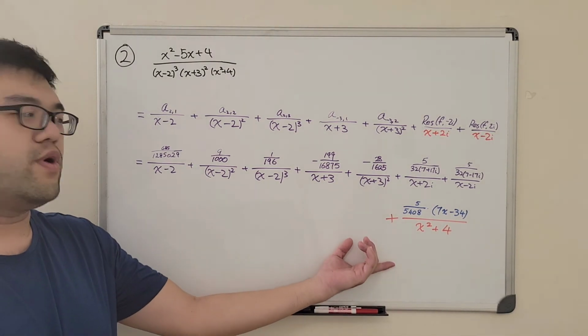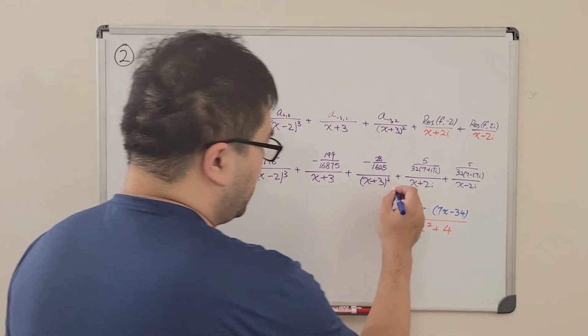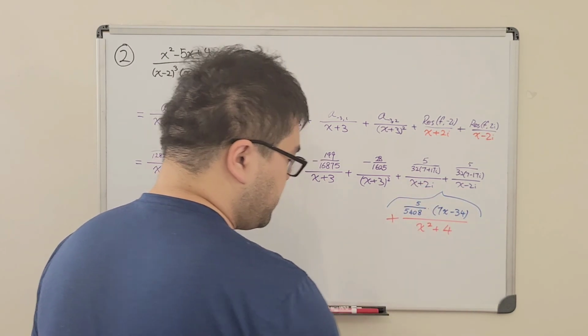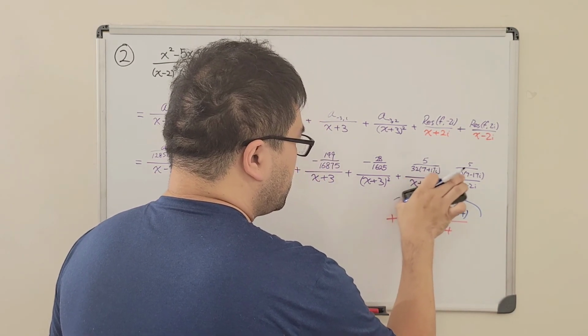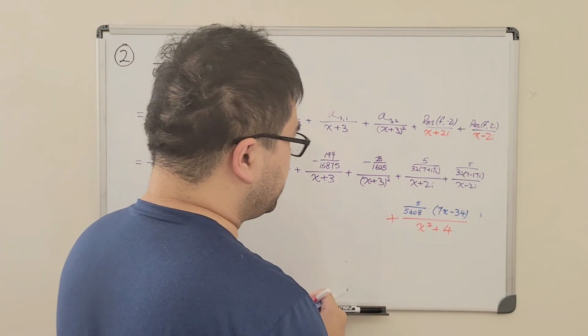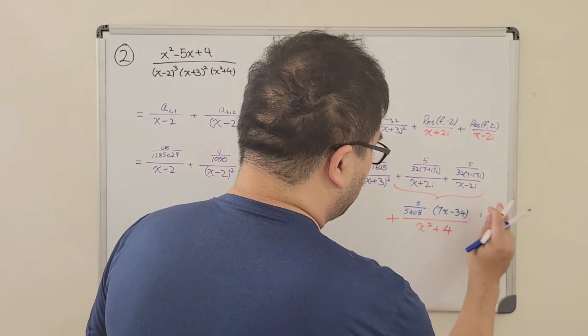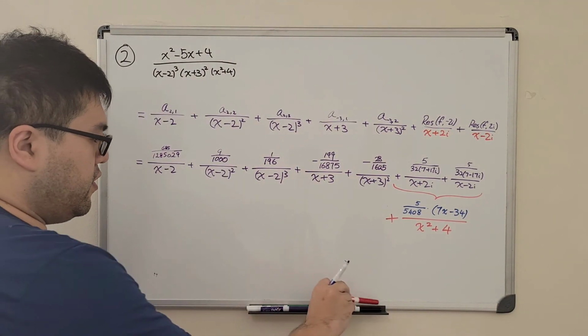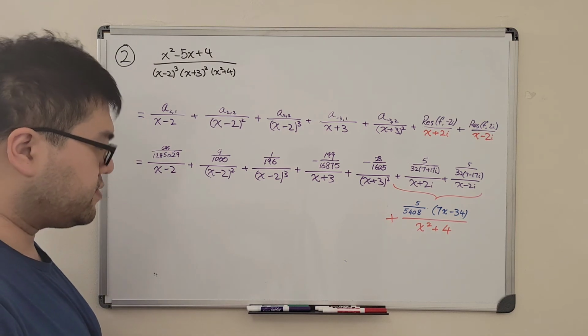And that is our final answer. Again, this is just for the other way around. This plus sign right here is just for these two parts, and then you just need to copy the rest to finish up your solutions.